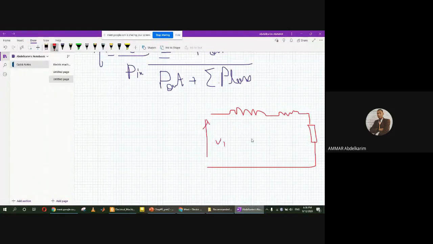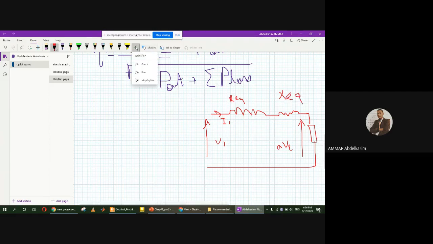So this is the voltage of the primary, V1, and this is the voltage across the load, which is the secondary voltage referred to the primary, A V2, and this is the current of the primary, I1, and this is R equivalent 1 and X equivalent 1.